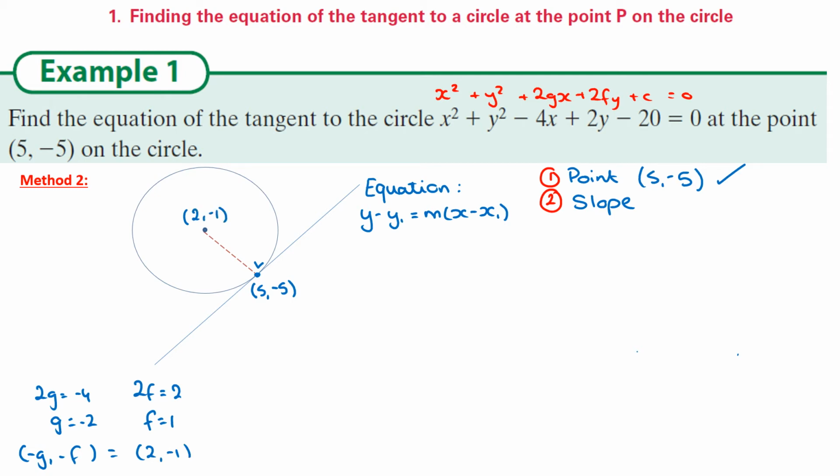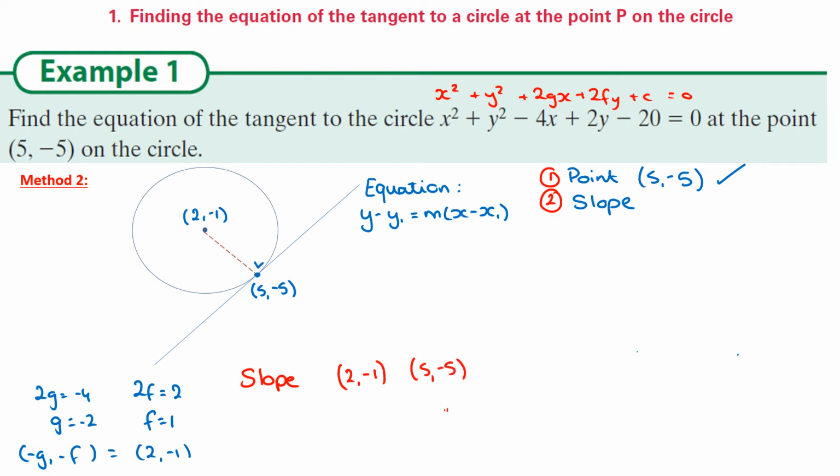And I know that the red radius that I have here is perpendicular to the line that I want. So therefore, what I'm going to do is work out the slope. I'm going to get the slope between (2, -1) and (5, -5).